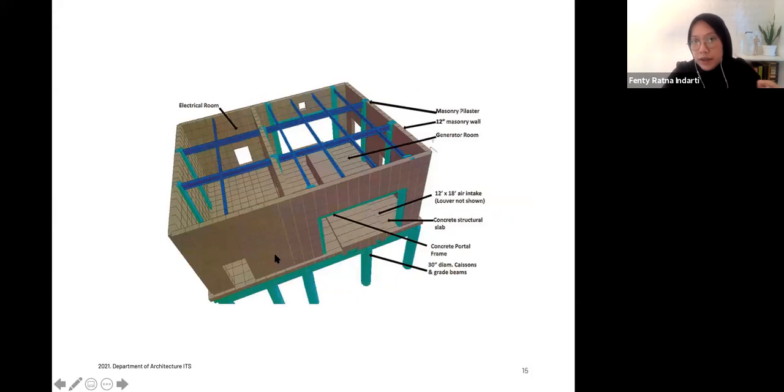This is what it looks like inside. So basically, to create openings in the middle of a wall, you have to create a portal like this, or maybe a frame, or what we call a header, to prevent the collapse of the upper part, because the wall doesn't have the ability to sustain itself.